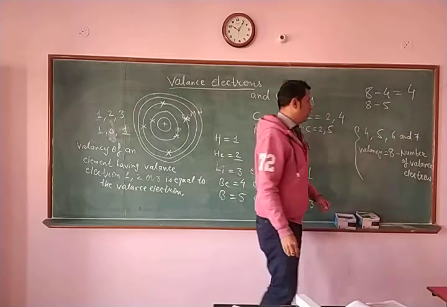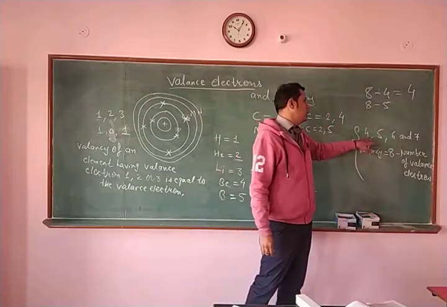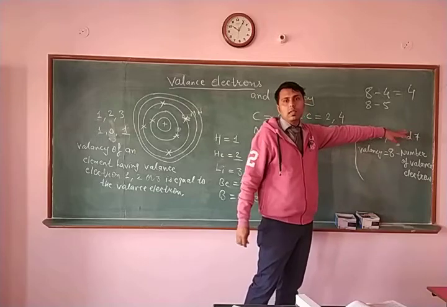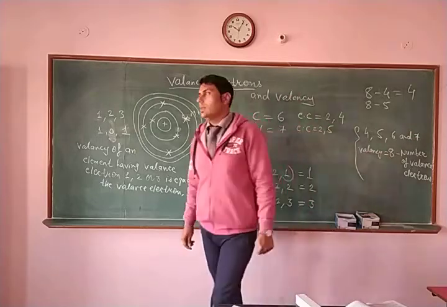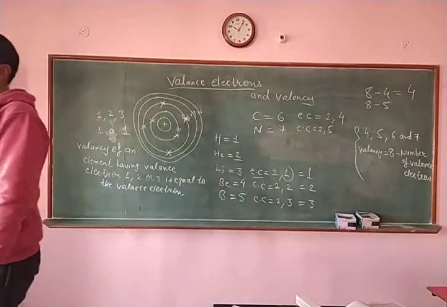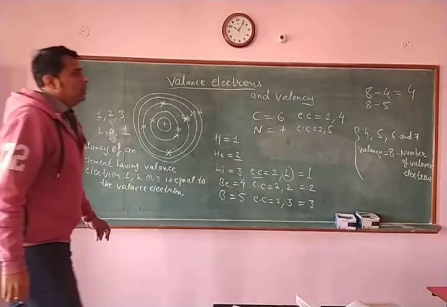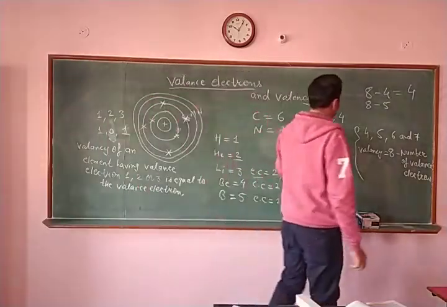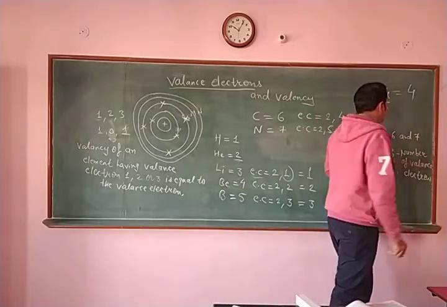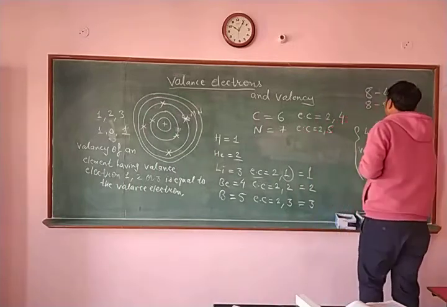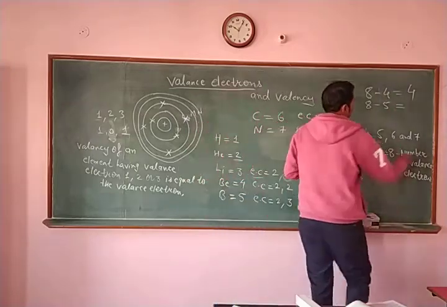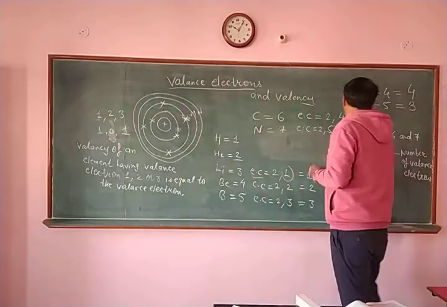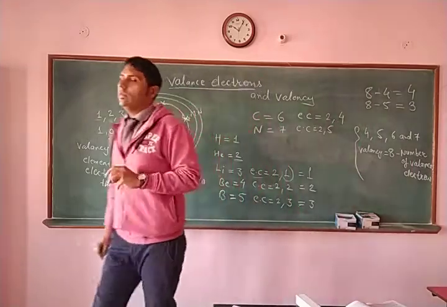According to the formula for calculating the valency of elements with 4, 5, 6 and 7 valence electrons, the formula is 8 minus the number of valence electrons. If we talk about nitrogen, 8 minus 5 will be 3.